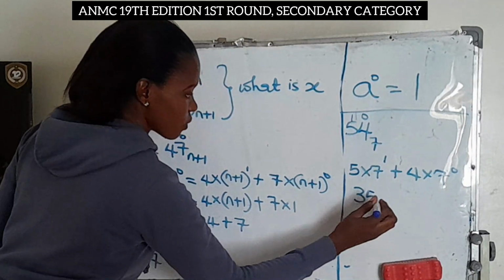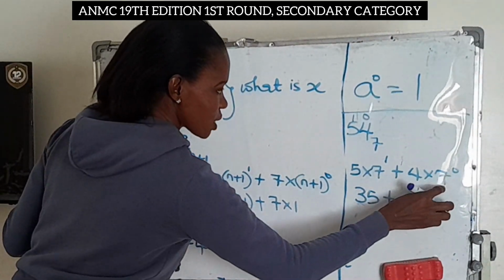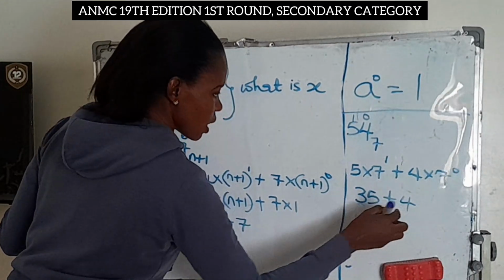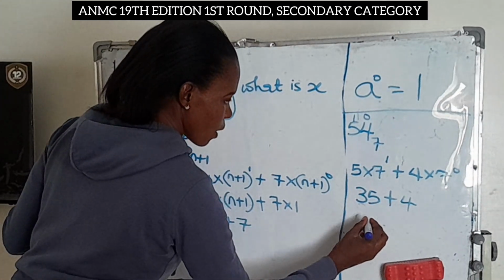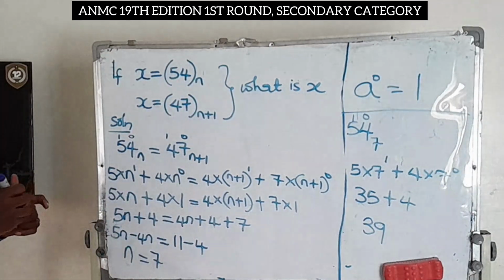That's 35 plus 4 times 7 raised to the power of 0, which is 1, so 4 times 1 is 4. If I add these two, I'm going to have 39. So x is equal to 39.